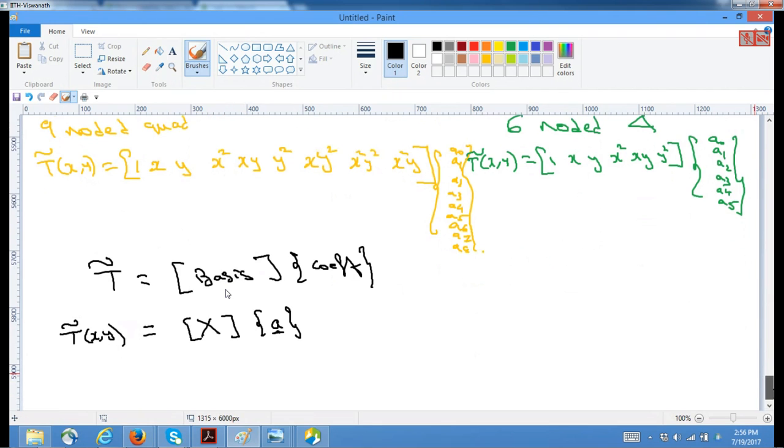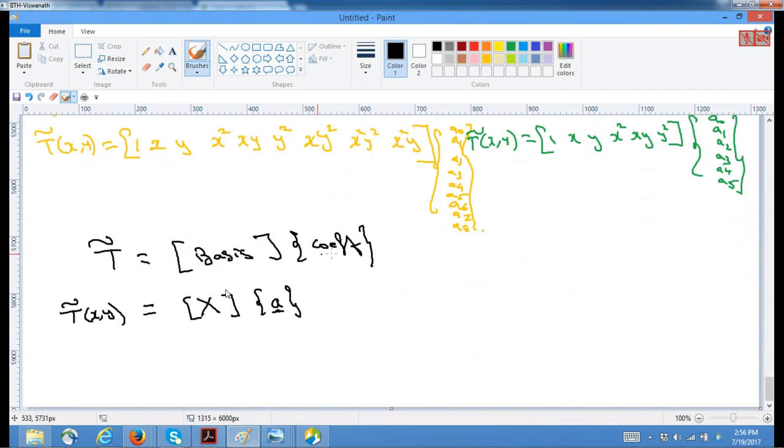Now I said earlier, maybe in the previous class, I don't want to write this in this fashion. For example, for a 4-noded quad, I want to write T tilde(x, y). I can as well write it as a0 plus a1x plus a2y plus a3xy, but I don't like this style.